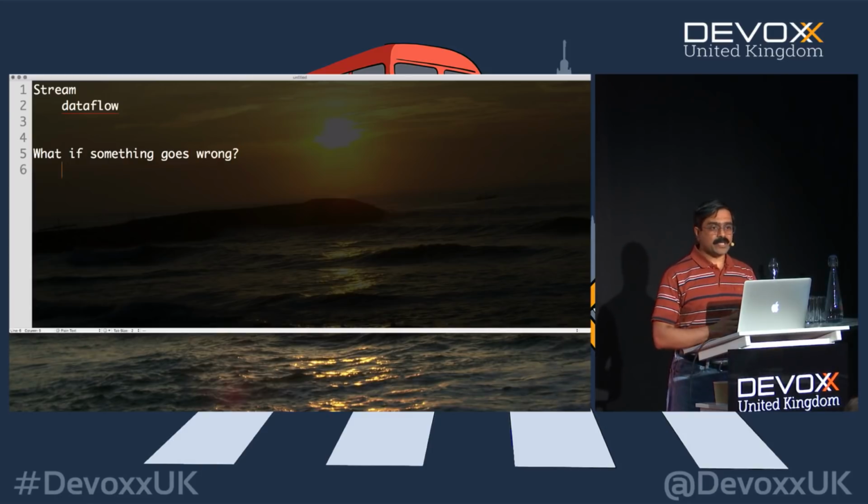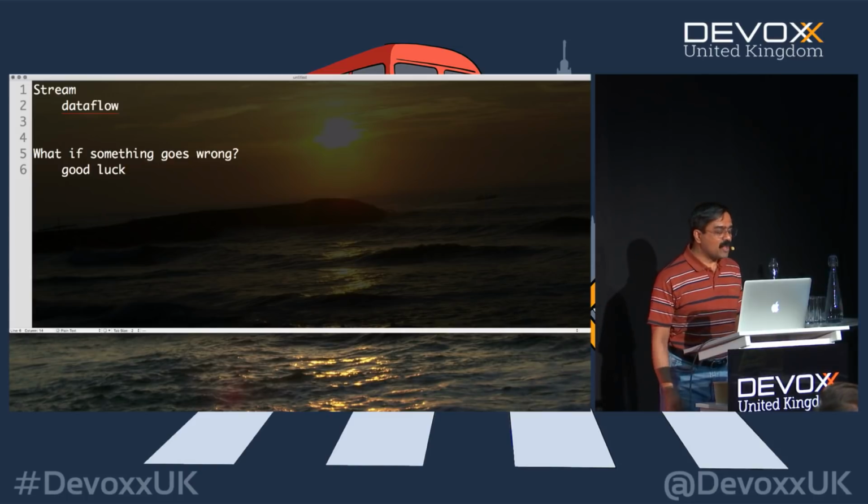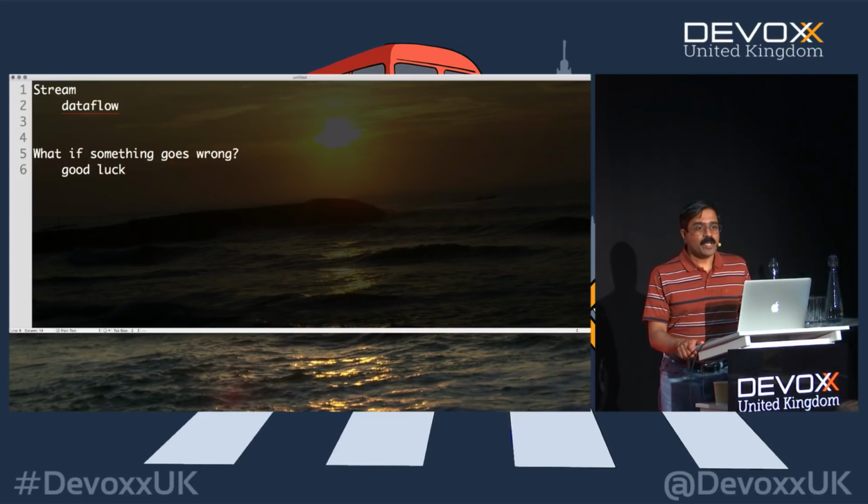Well, the answer to this in the Streams API can be summed up in two English words. That's called good luck. So essentially, if the stream blows up, you're out of luck. So in other words, exception handling and functional programming are mutually exclusive. You don't do exceptions with functional programming. This is really a bad idea.